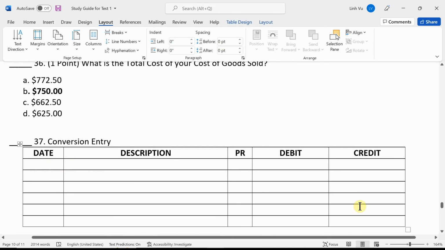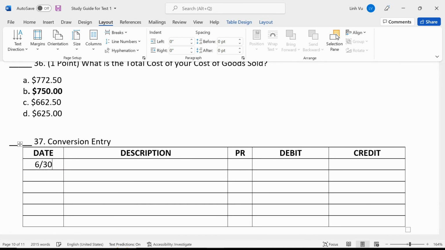What do I need to have? We have ending inventory toys. Okay, good. With $200. Okay. And then we have cost of goods sold of $750.